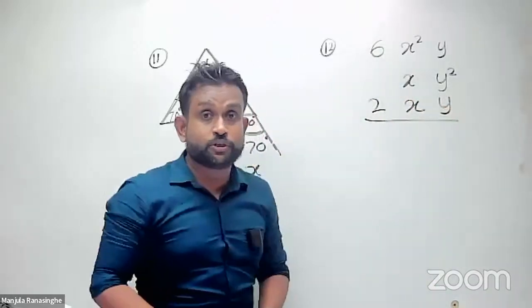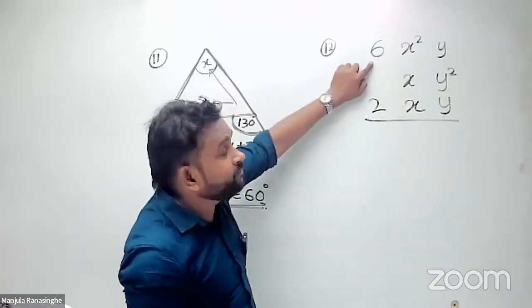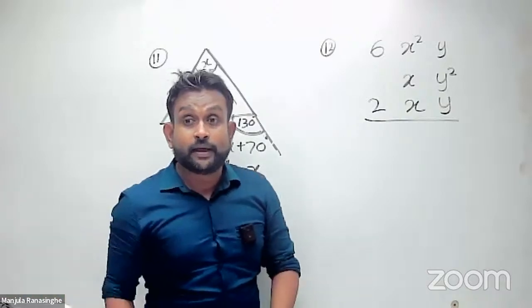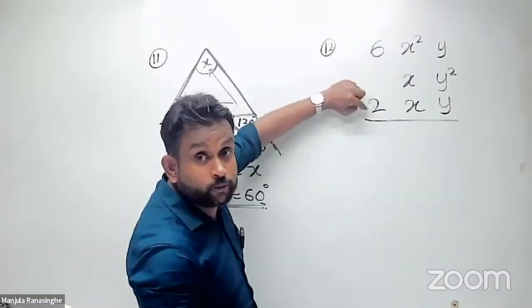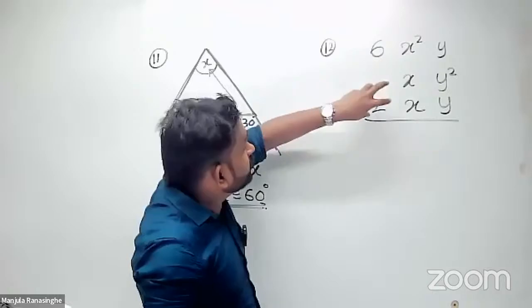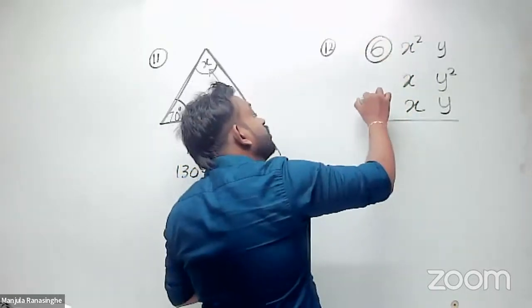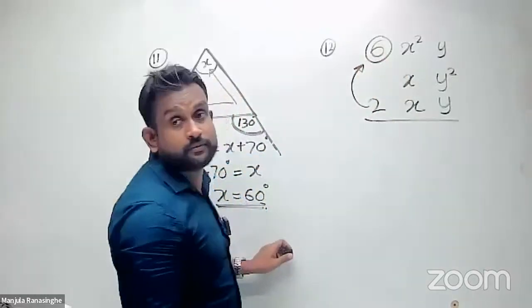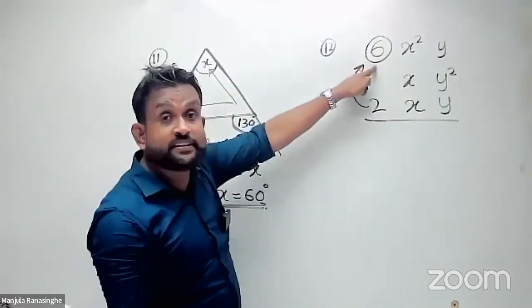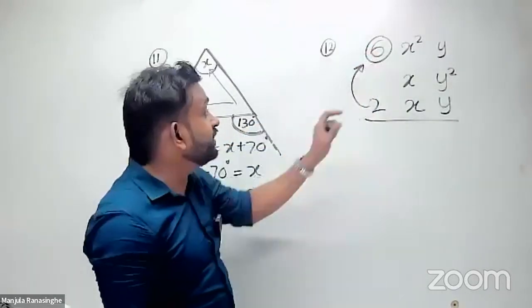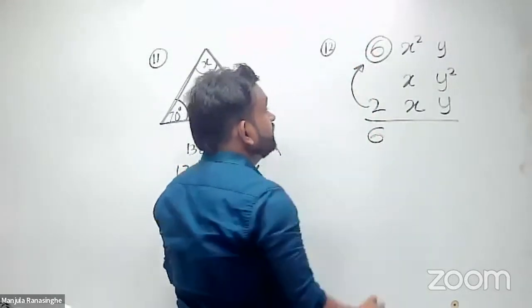Now, how to deal with the question? Out of the numeric values, check what the LCM is. Take 6 and 2, check the bigger value and whether the smaller one, 2, can convert to 6. Yes, 2 into 3 is 6, so it converts directly. So the LCM of these two is 6.